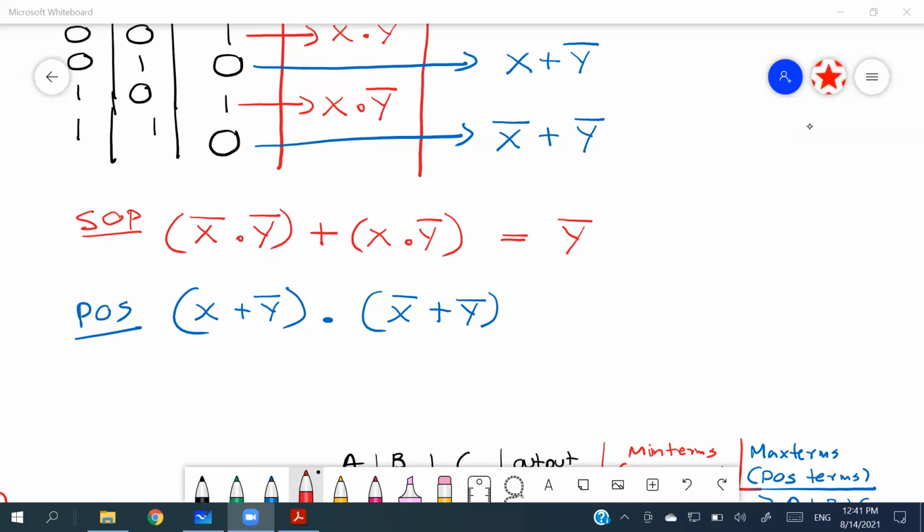Yes, Bashi, the distributive law. So you are left with x bar plus x. And what is x bar plus x? This equals 1. So this means you are going to have y bar dot 1. That means y bar. Simple as that.